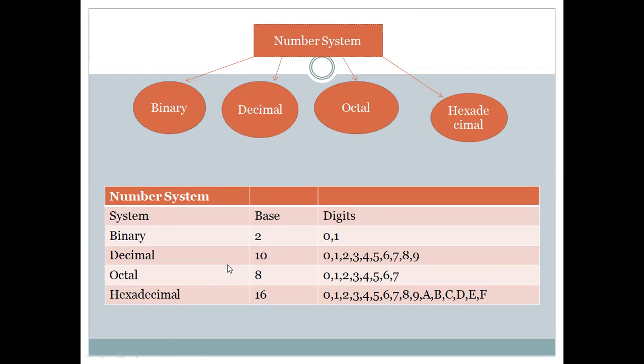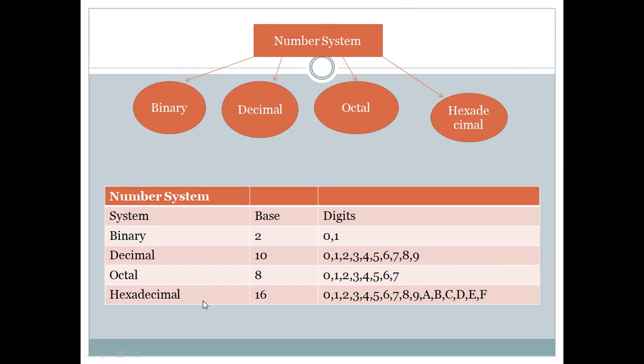The maximum value possible in decimal is 10 minus 1, that means the largest number is 9. So 0 to 9 values are possible. In the octal number system, base 8, the maximum digit we calculate by 8 minus 1, that means 7. So digits 0 to 7 are possible in the octal number system.